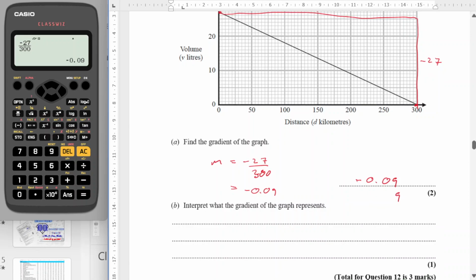Interpret what the graph represents. Sorry, what does the gradient represent?